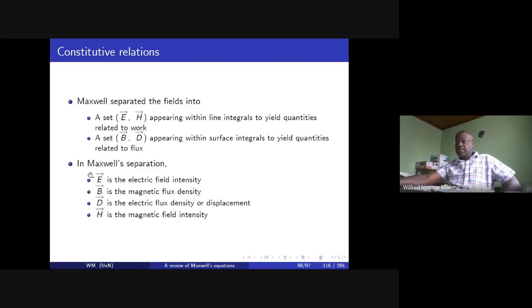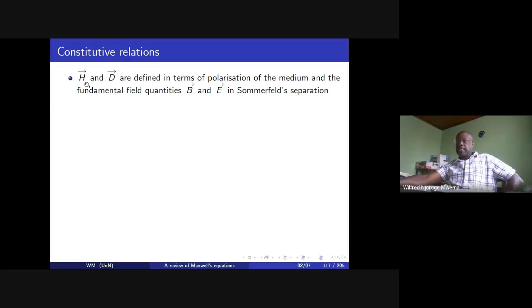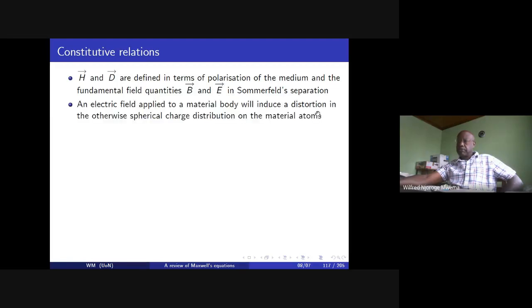And we shall be using this definition from Maxwell, although we shall always put them in the Sommerfeld kind of way. So H and D are then defined in terms of polarization of the material and the fundamental field quantities B and E as in the Sommerfeld separation.